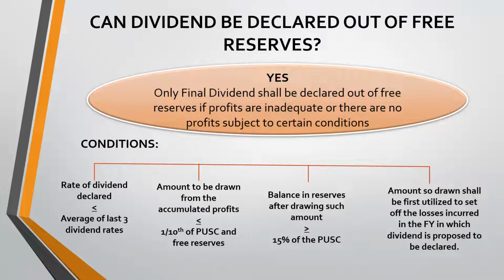Next, the balance in reserves after drawing such amount shall not fall below 15% of the paid-up share capital as per the latest audited financial statements. The next condition is the amount so drawn shall first be utilized to set off the losses incurred in the financial year in which dividend is proposed to be declared. So after complying with these conditions, the companies can declare final dividend out of the free reserves.